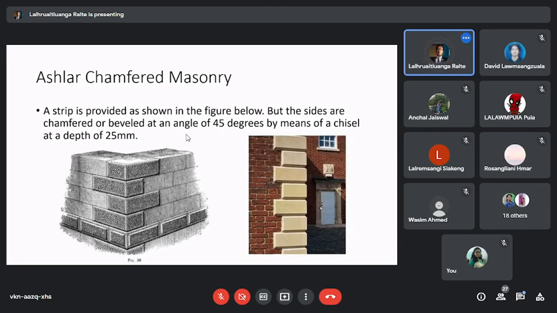On the left hand side, another ashlar masonry is being taken together by a quoin made up of ashlar chamfered masonry.